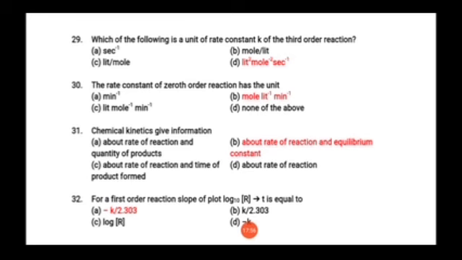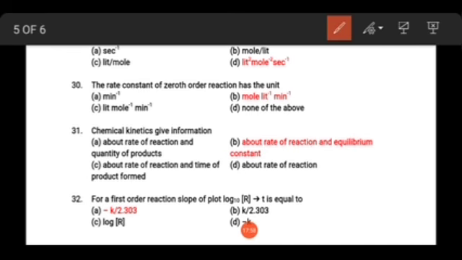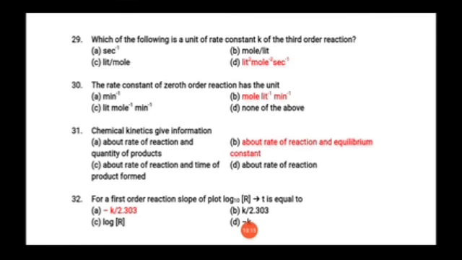I am writing that equation: log R is equal to minus K upon 2.303 T plus ln R0. If you compare this equation with the linear equation of a line, obviously the slope is minus K upon 2.303, that is the value of m. So the correct option is option A, minus K upon 2.303.